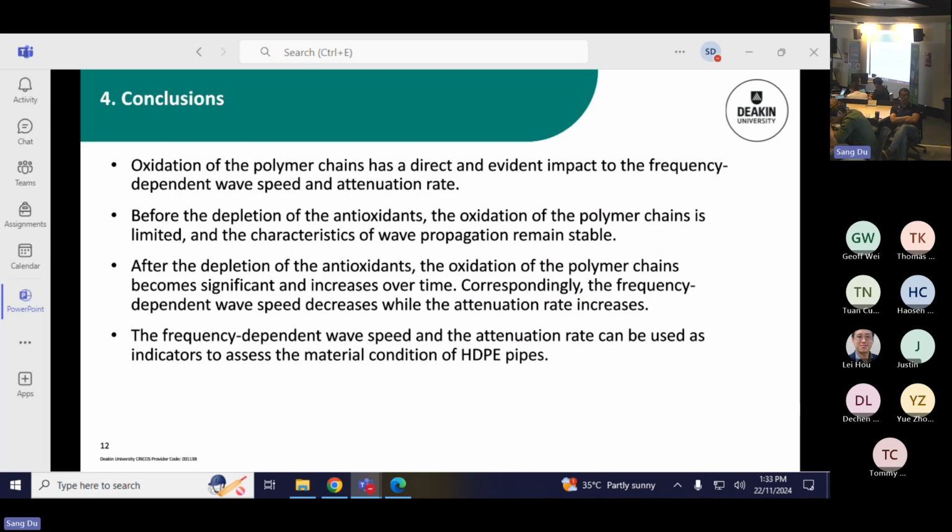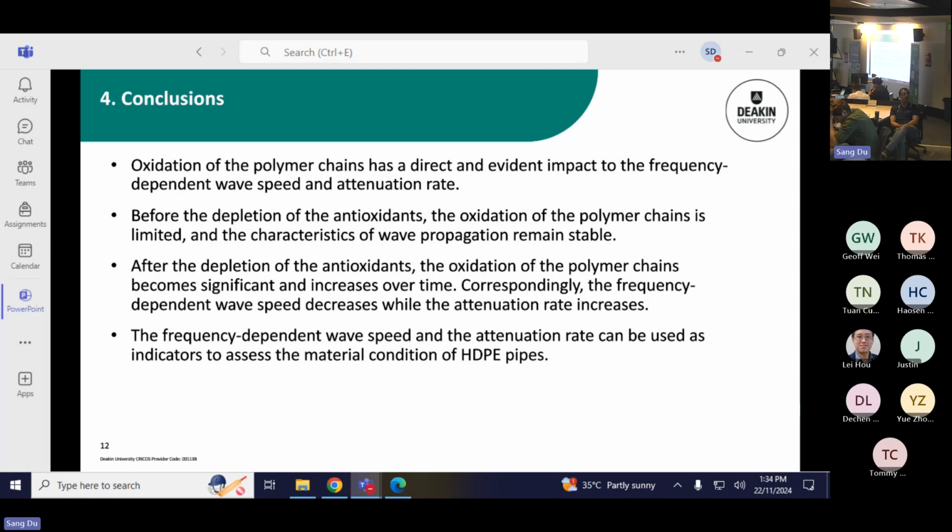The only way is to cut a section from your field system, put it into the lab, and do that OIT test or something else to tell whether that small sample is deteriorated or not. You can't see corrosion, you can't see wall thickness changes, you can't see anything. So our technique can potentially be used in real systems without really cutting samples. We can keep the system working online, and we just do the testing, and we can tell whether your pipe is deteriorated or not.